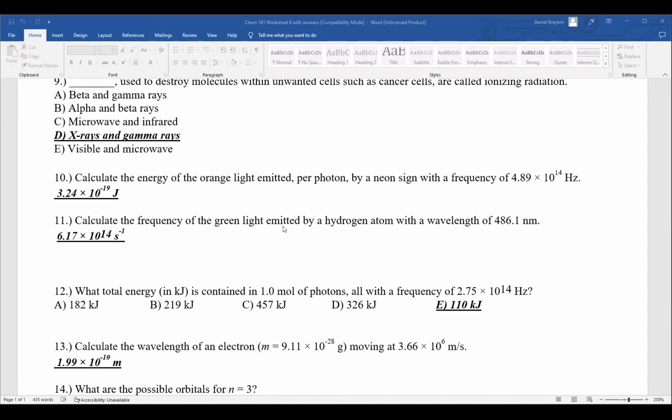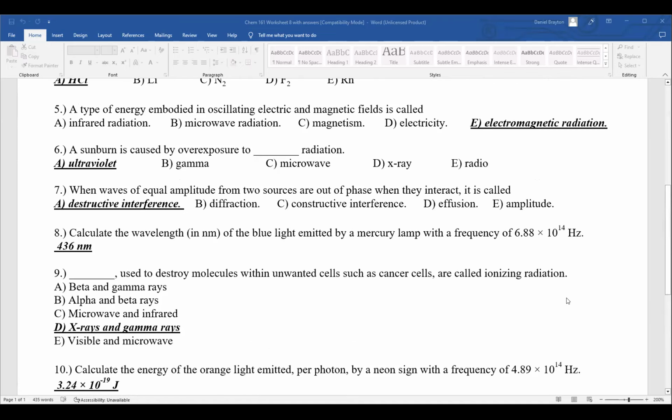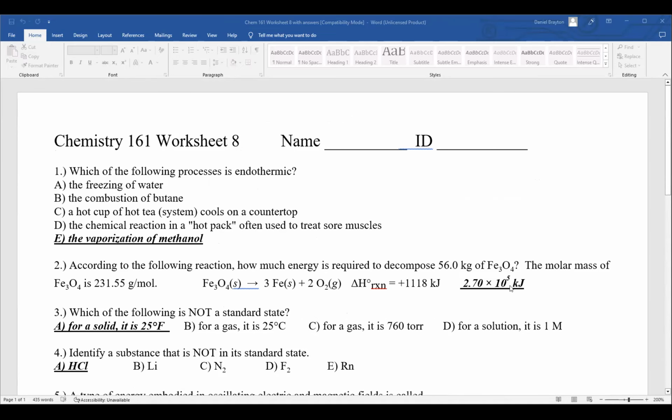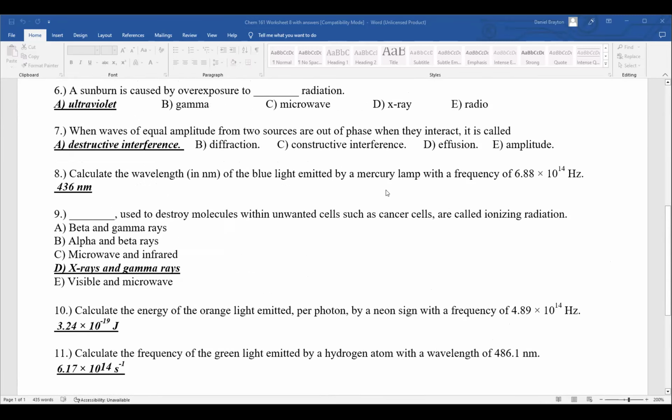Calculate the frequency of green light emitted by a hydrogen atom, with a wavelength of 486.1 nanometers. This is just the opposite of the problem above. I used to have all the equations up here, but they got cut off.